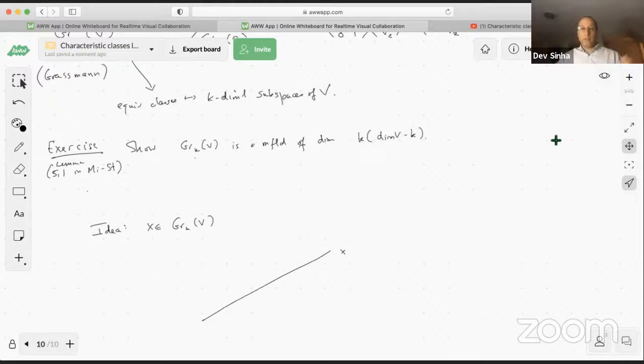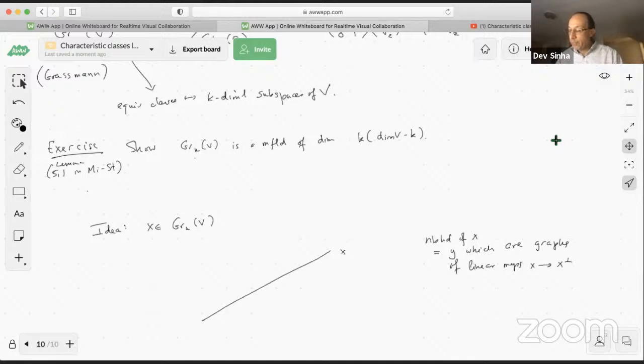It's just some linear subspace. And the point is that a neighborhood of X is going to be subspaces Y, which are graphs of linear maps from X to X perp.